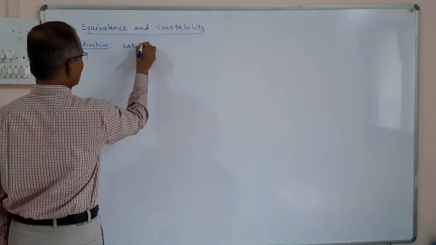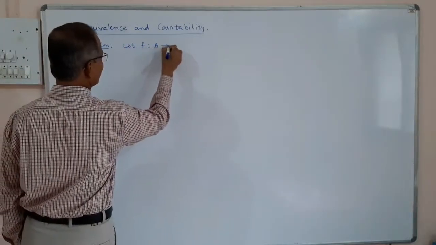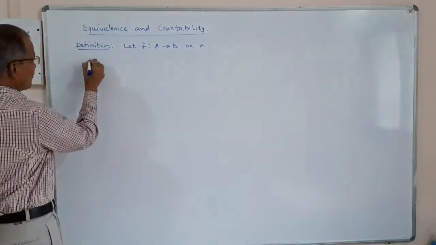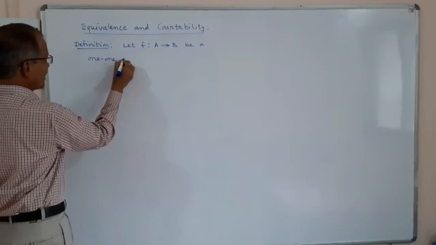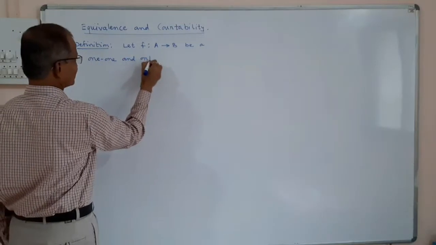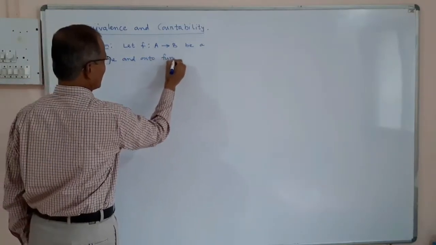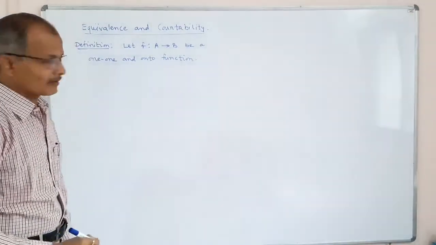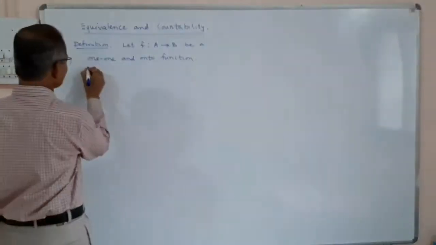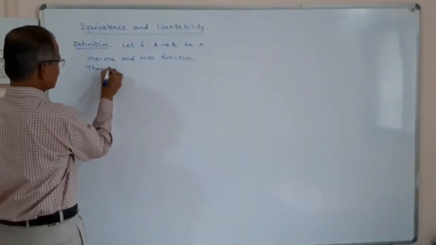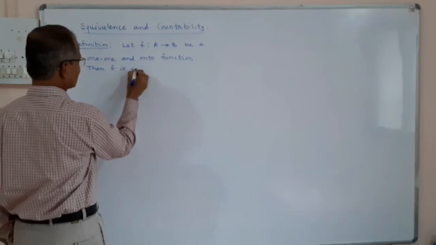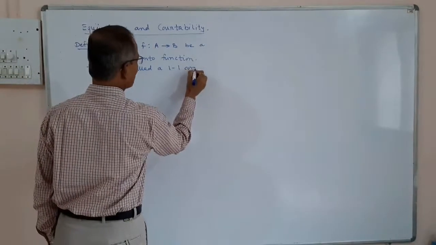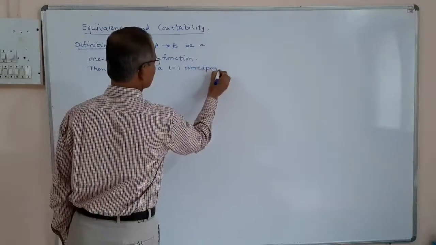Let f from A to B be a 1-1 and onto function. Then f is called a 1-1 correspondence, or 1-to-1 correspondence.